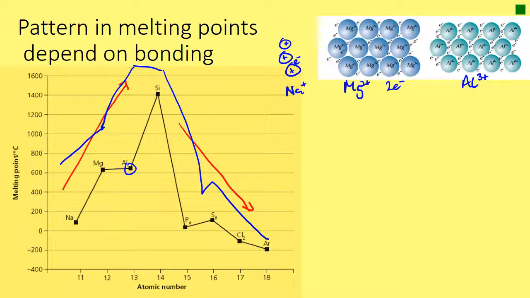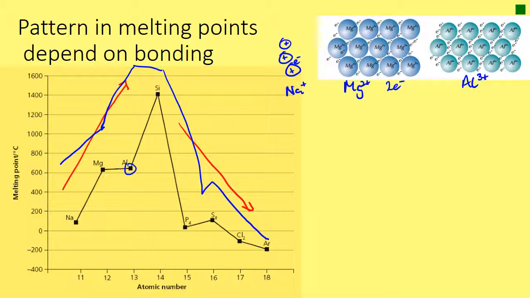And what's more, the size of the ions are bigger, and so the distances are greater, so that weakens the attraction between the metal ions. Okay, and you get a stronger attraction for a 2+ ion, as in magnesium, and an even stronger attraction still for the 3+ ion, like aluminium, because you've got more positive charge and more delocalized electrons, and therefore more bonds. Okay, that explains the first 3, the metals.